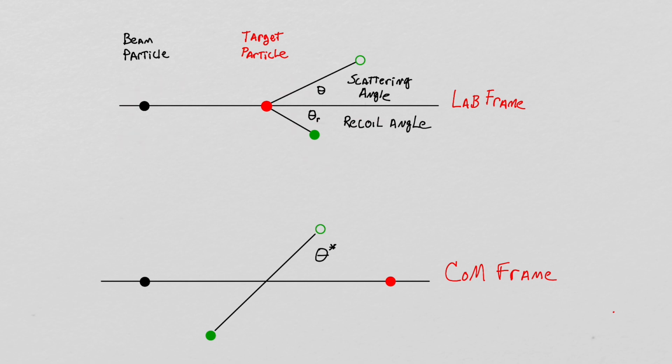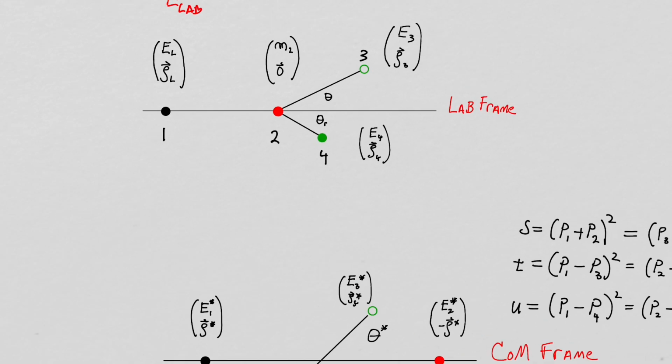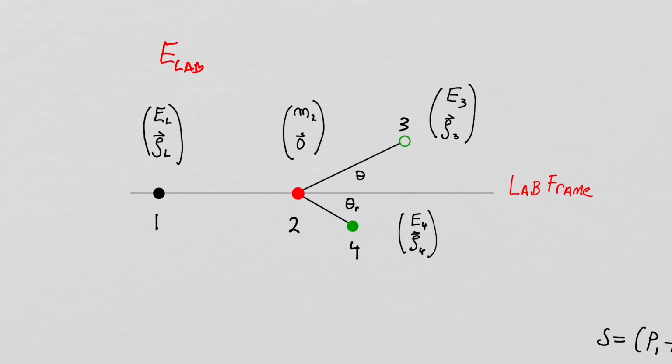Okay, so we have a standard notation that we're going to use, and this is not too divergent from what you'll see in the literature. In the lab frame, the incident particle, the one that's actually moving, not the target particle, its energy is E sub L. If you see an E sub L, you know you're dealing with the lab frame.